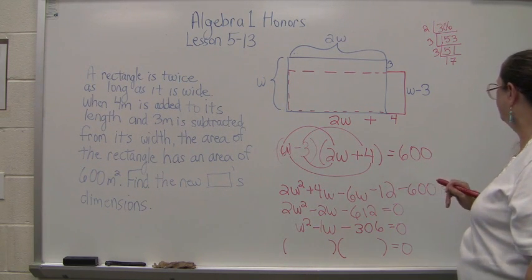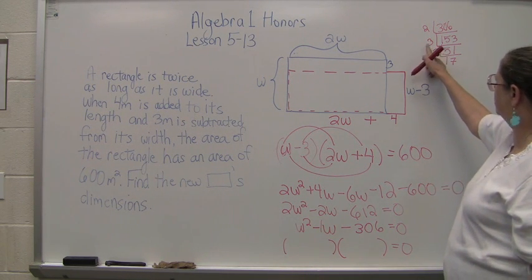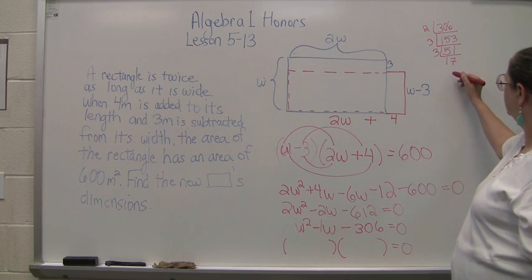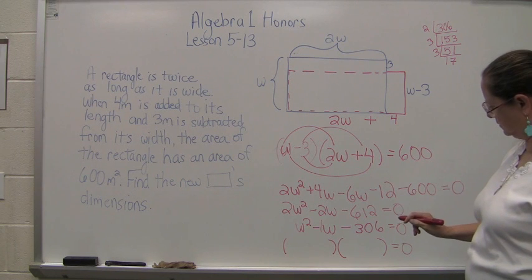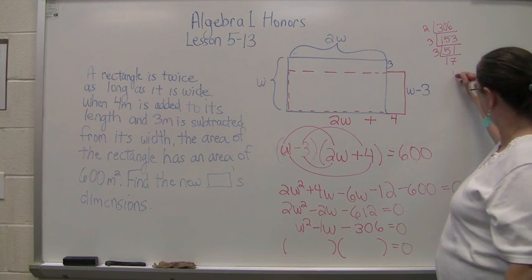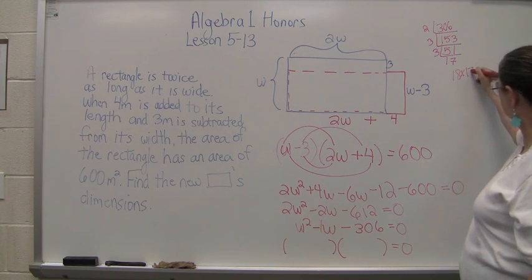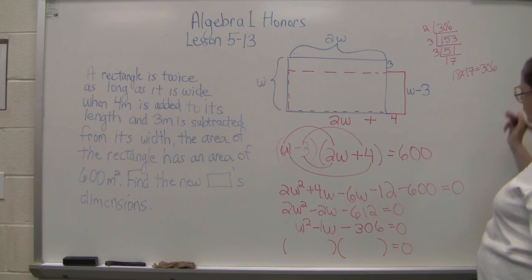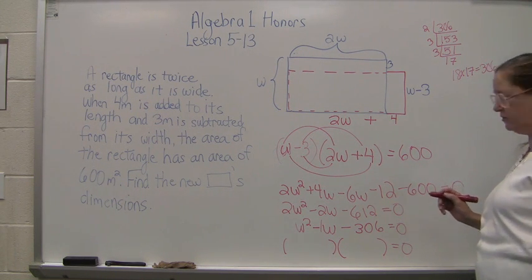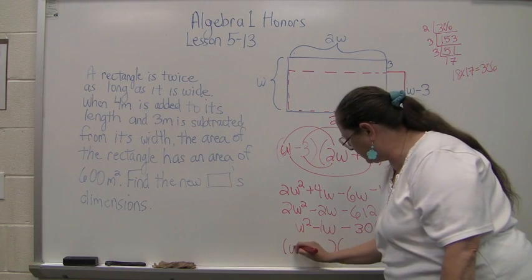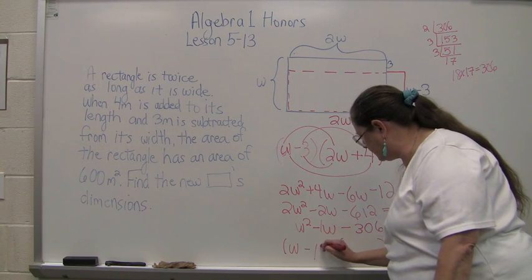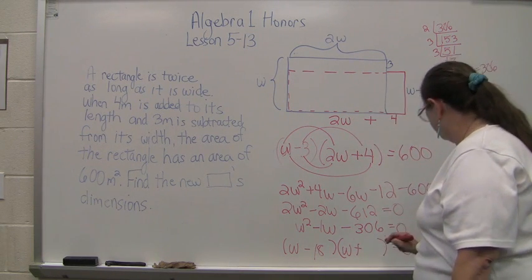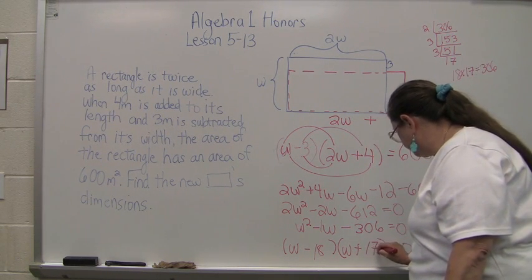Okay. So it looks like if we take 3 times 3, that's 9, times 2, that's 18. 18 and 17, because 18 times 17 is going to give us 306. So if we make the 18 negative, we have W minus 18 and W plus 17.